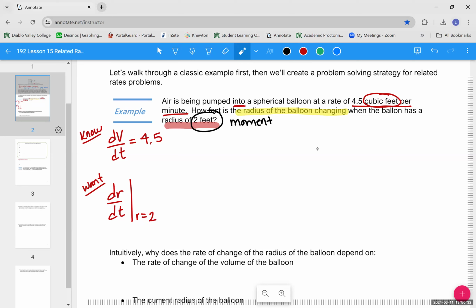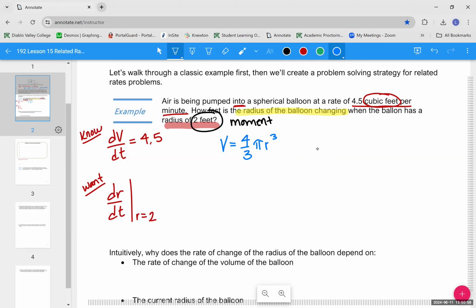Once you have this written down, the best thing to do is come up with an equation that relates the thing you know about, volume, with the thing you want to know more about, radius. So I will generally give you sort of obscure geometric formulas that you haven't used in a very long time.